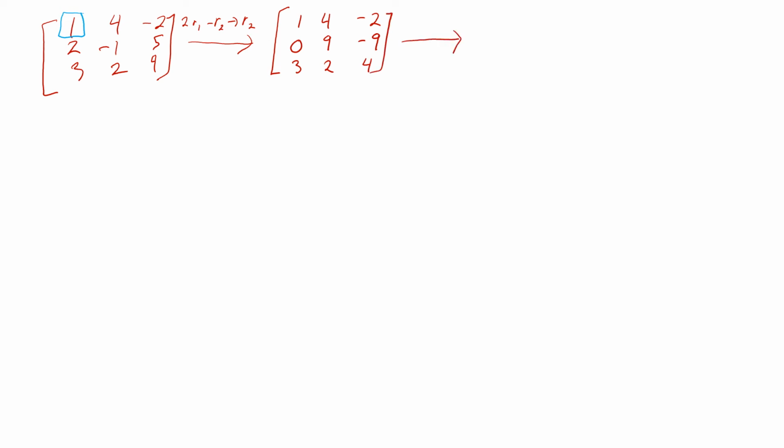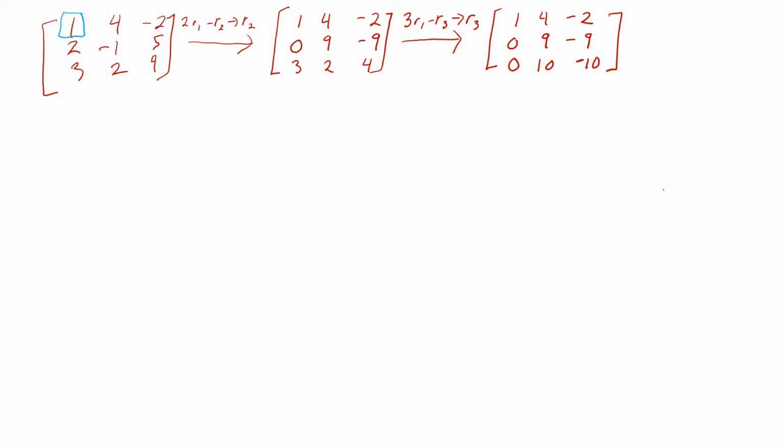Now we're going to get rid of the other number below our pivot element. So we take 3 row 1 minus row 3 as the new row 3. That gives us 1, 4, -2, 0, 9, -9, 0, 10, -10.